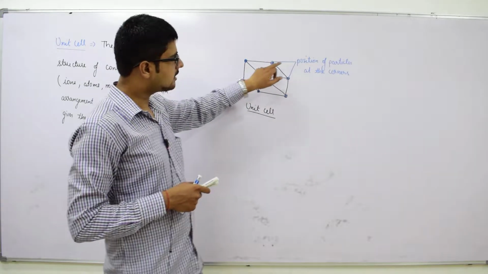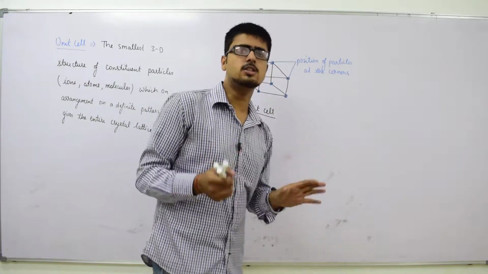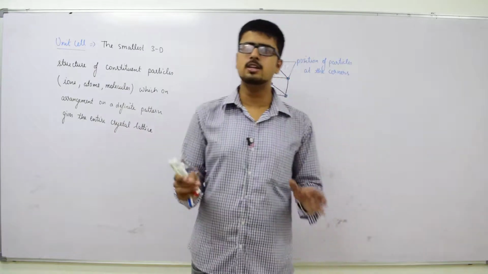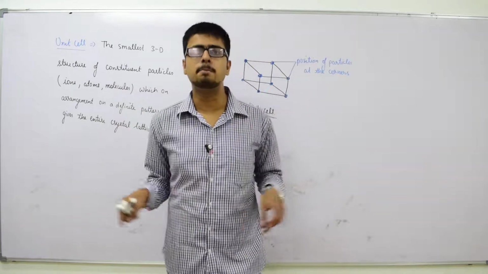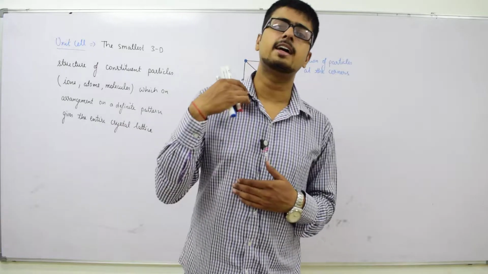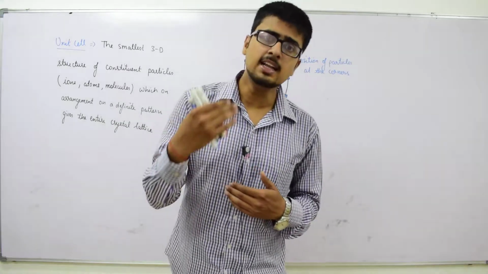So, the unit cell is the smallest 3D structure which after arrangement in a definite pattern gives us the entire crystal or solid, or crystal lattice.